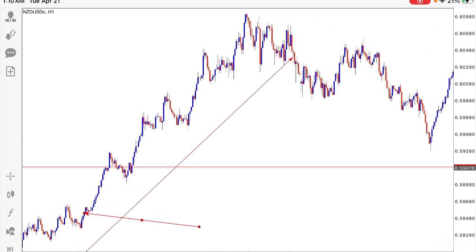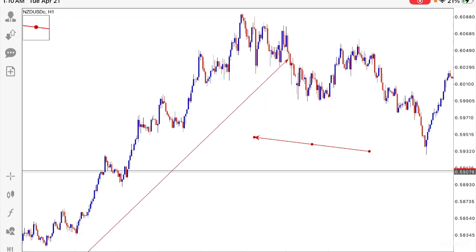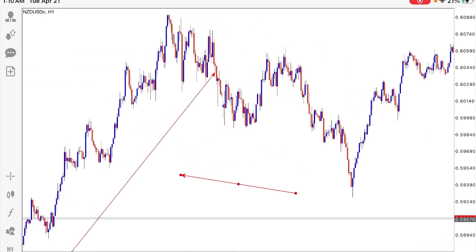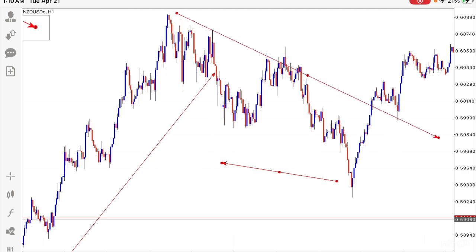Okay, so let's identify a downtrend. We're going to use this one as an example of a downtrend, because sometimes the market could not be so perfect, yet it's a downtrend. The market is going down. So here we see low, lower high, lower low, lower high, partial low, not perfectly low.